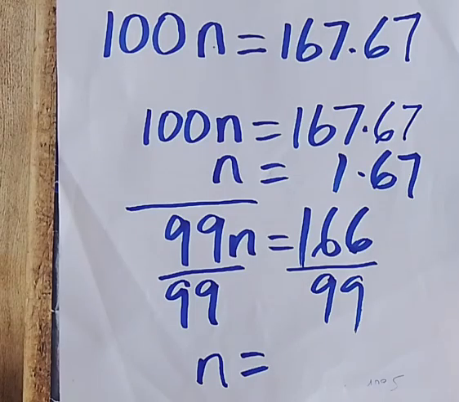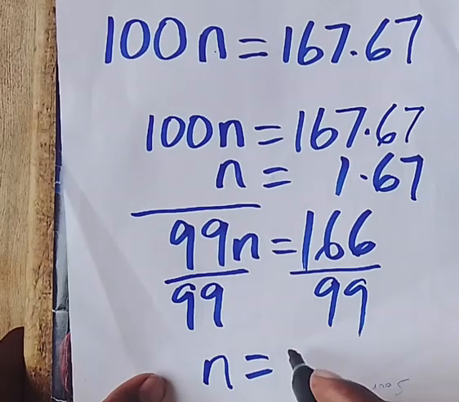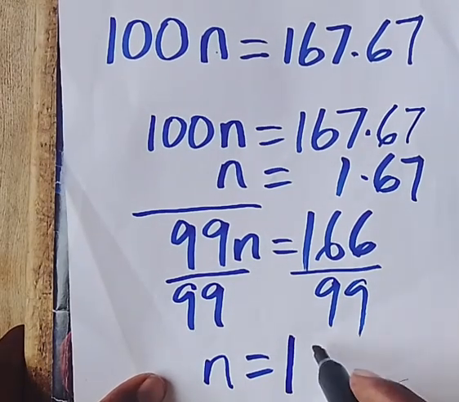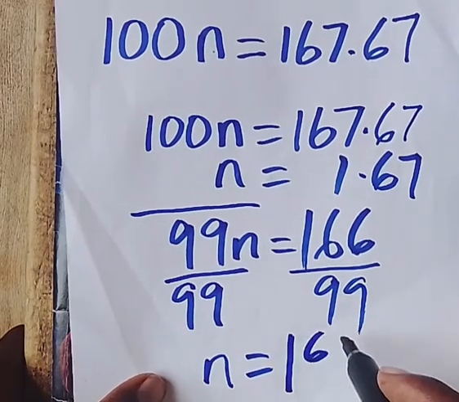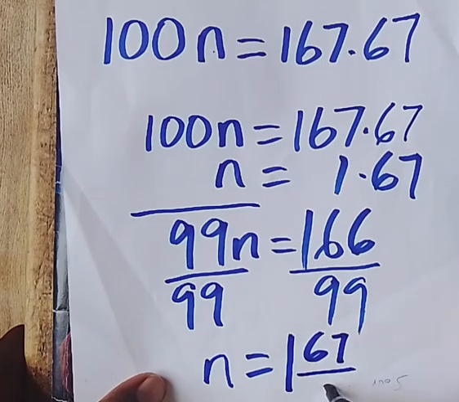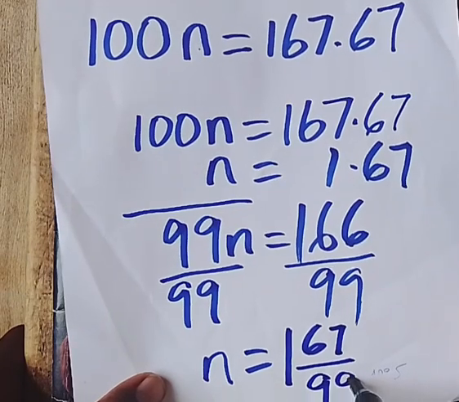You click it, then now you key in 99, and then now you click the equal sign, you will get 1 and now 67 over 99.